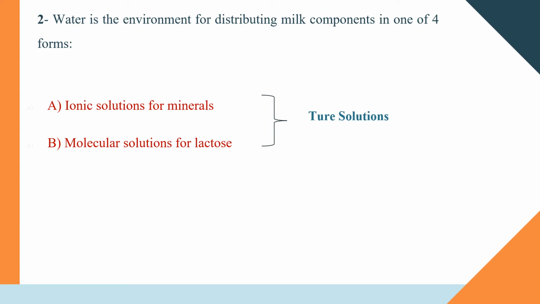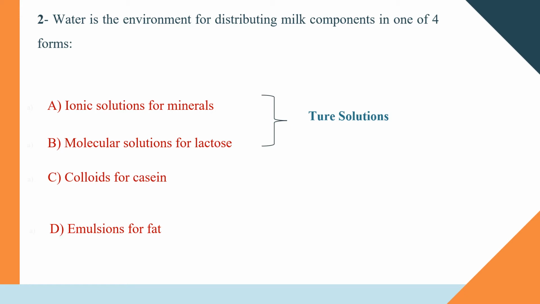In this case, the solid components or the solid molecules are evenly distributed in water. But in other cases, for fat and protein like casein, they exist in different forms. For instance, casein exists as a colloid. Colloid means معلق.